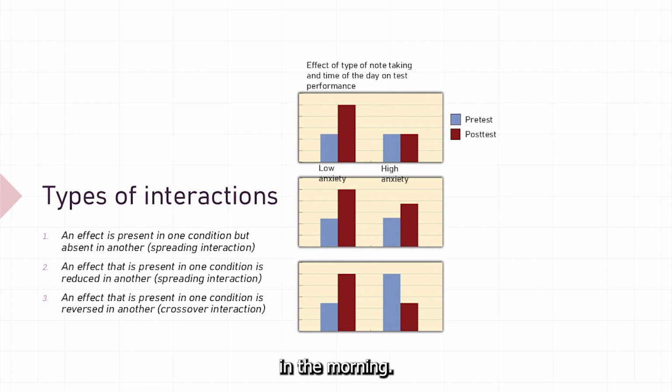The second type of spreading interaction is when an effect that is present in one condition is reduced in another. Again, in our example, students who use a computer for note-taking are more efficient in learning than the students who use paper and pencil, especially when they study in the morning, and way less when they study in the evening.